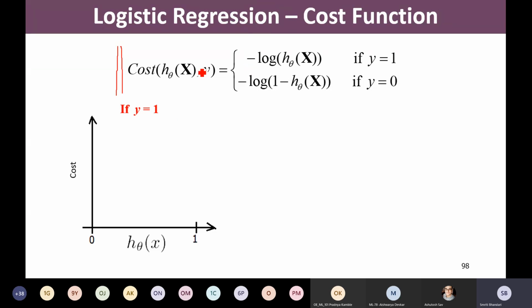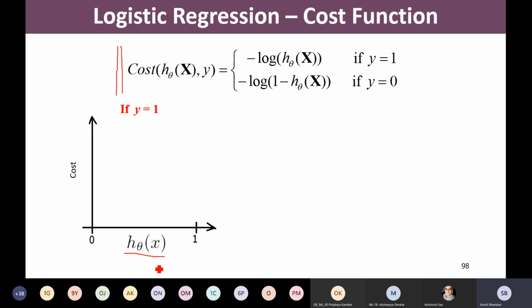So what is the cost function that we have defined? If y equal to 1, we say that our cost function is minus log of h theta x. So we are plotting here on the x-axis h theta x and on the y-axis cost. Okay. Now, we know that our hypothesis h theta x will always provide a value that lies between 0 to 1.